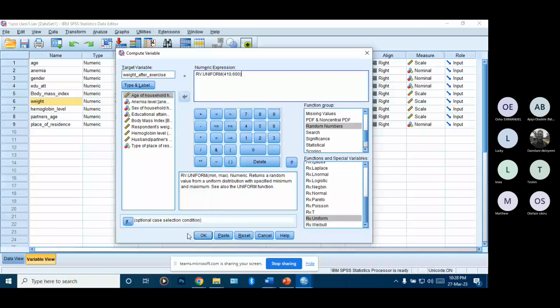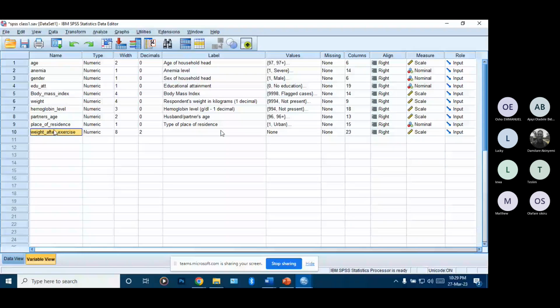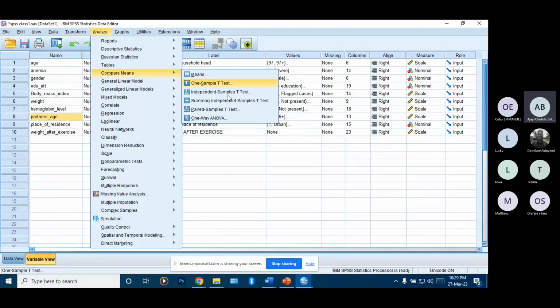Okay. Now let's come back to our data. We now have the new variable that has been created. So let's name it weight after exercise. All right. So now it is measured on its continuous scale. Now let's analyze. Compare means, paired sample t-test.